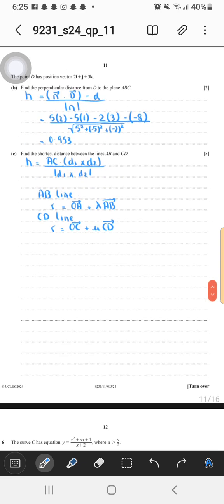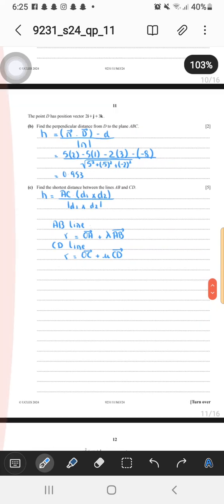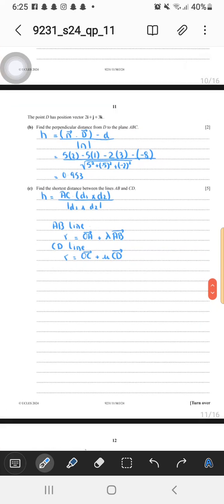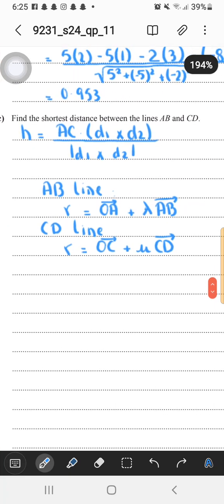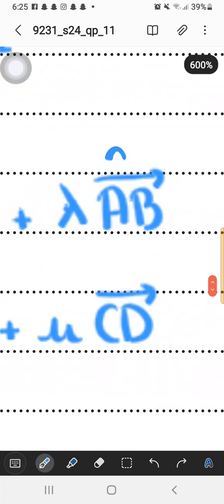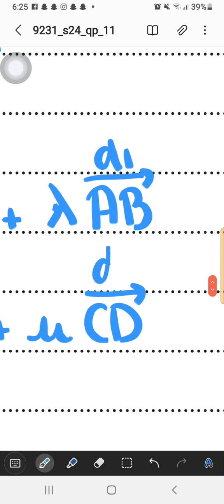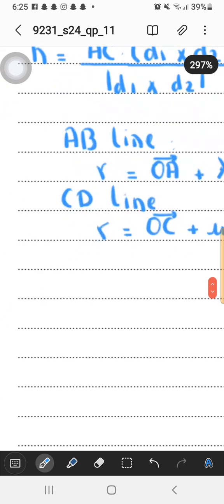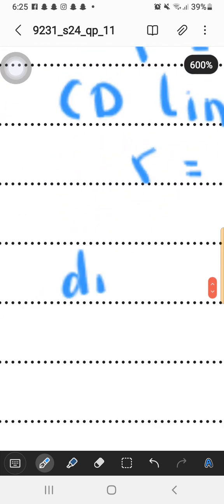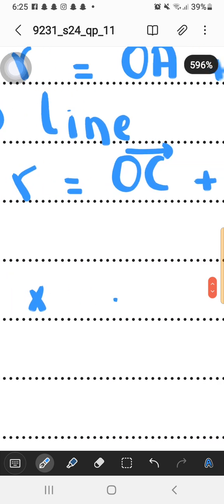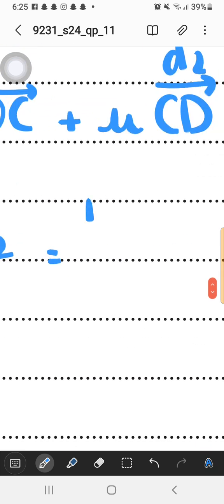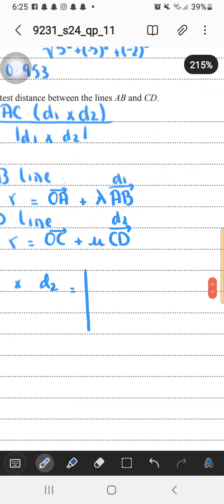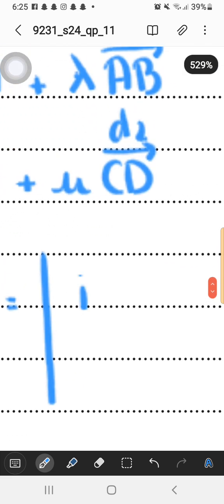We have not much space, so let me tell you how to find CD. D1 is equal to AB, and D2 is CD. So if I do D1 cross D2, you had learned how to do the cross product in the first part.